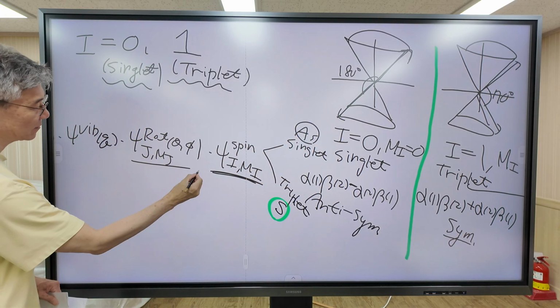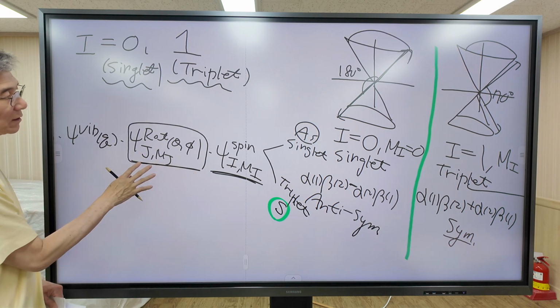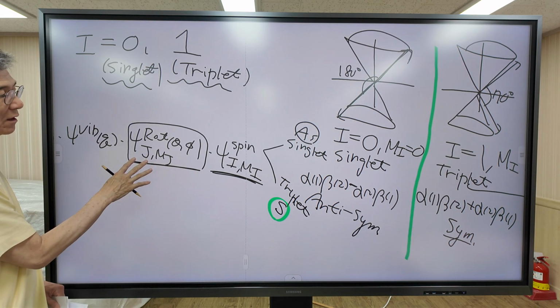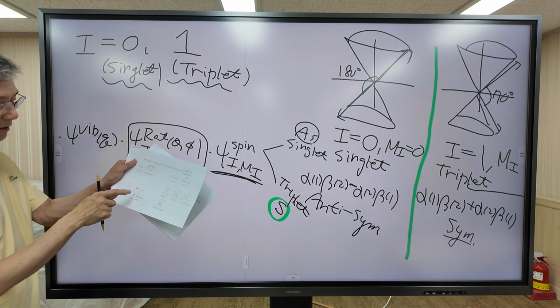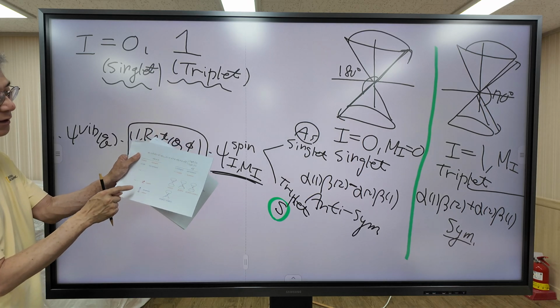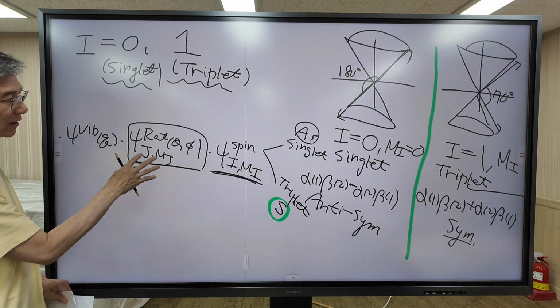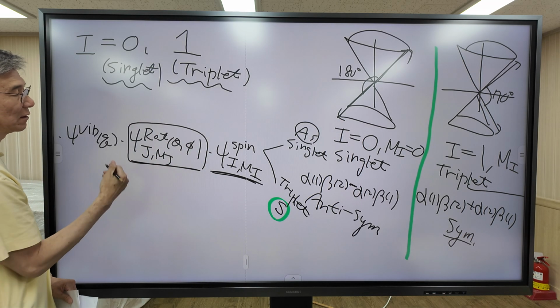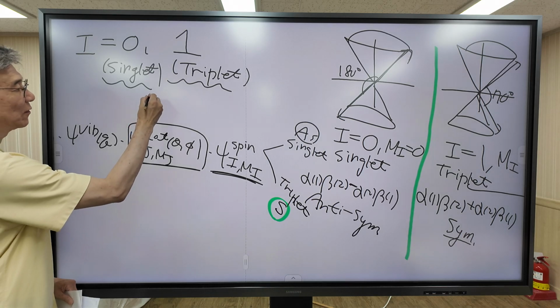And consider this function. The rotational function is exactly the same as the atomic orbital. It is shown on the left. The shape of this function is exactly like the angular part of the wave function.